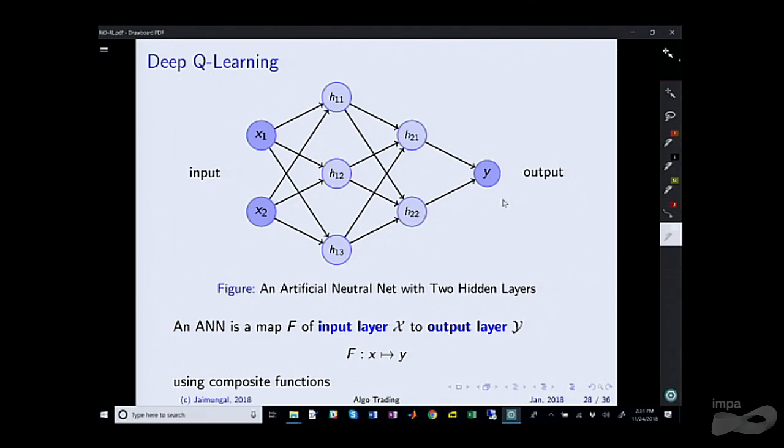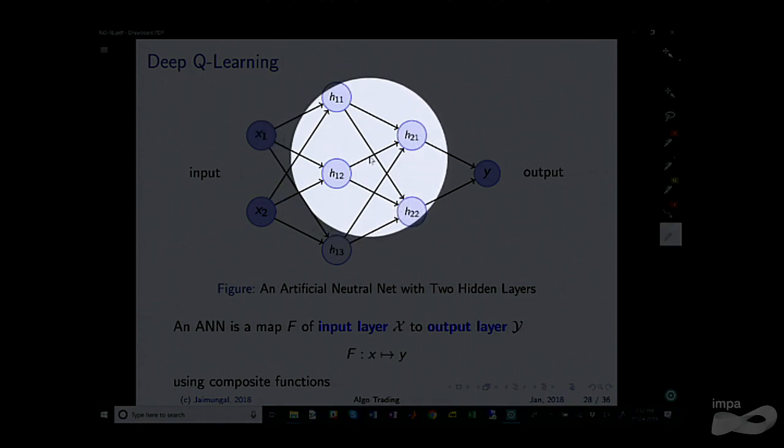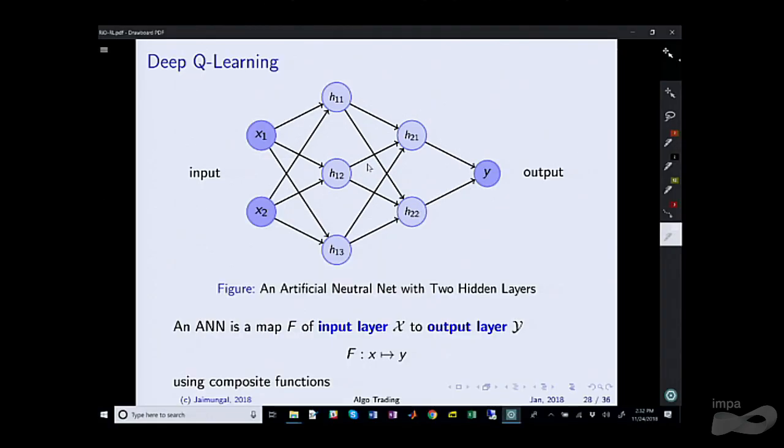Because there's no reason why a priori it has to be that way. I could, for example, cut off this connection here and that connection there. Both of those I can just throw away, and I still have a perfectly valid model. It is a neural net, but it's not a fully connected neural net. So fully connected just means all of the hidden nodes at layer 1 are connected to all of the hidden nodes at layer 2, etc.